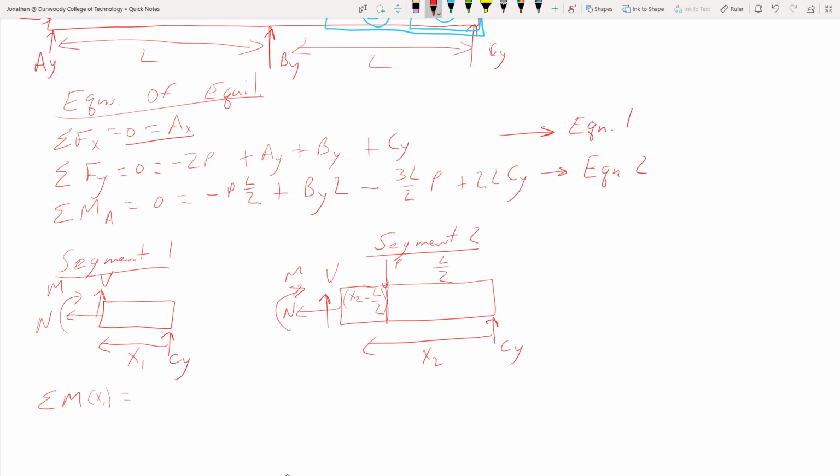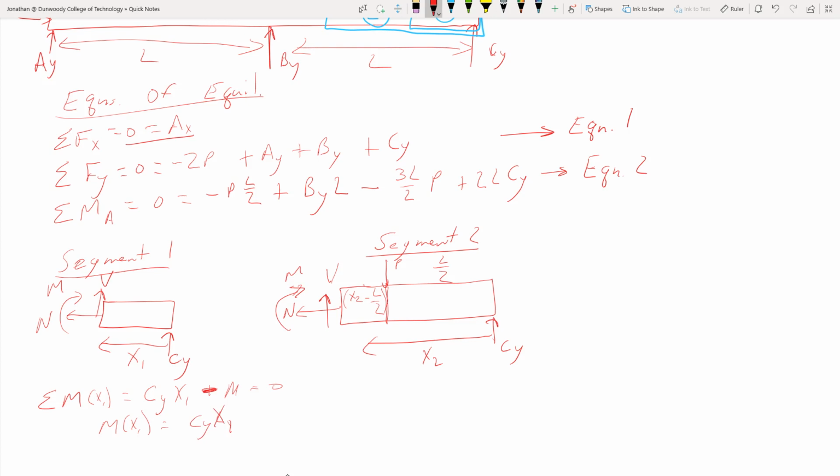We have Cy times x1 is going to equal, and then I have my moment there. And then this guy would be plus, am I going the right way? That's clockwise, so it's going to be negative, sorry. Negative m, so m of x1 equals Cy times x1.